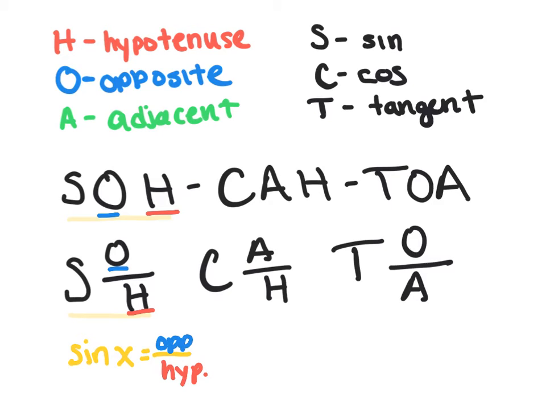The next one says is CAH, or C is A over H. So with that one, you have that cosine of x equals the A, the adjacent. So the adjacent goes on the top, and the H for the hypotenuse goes on the bottom.